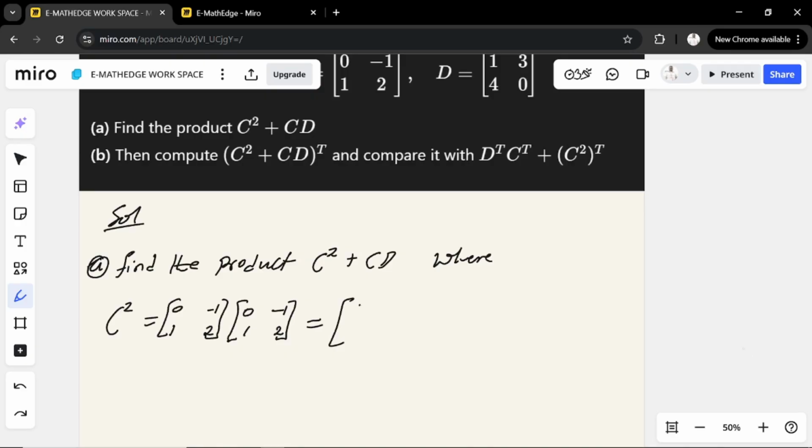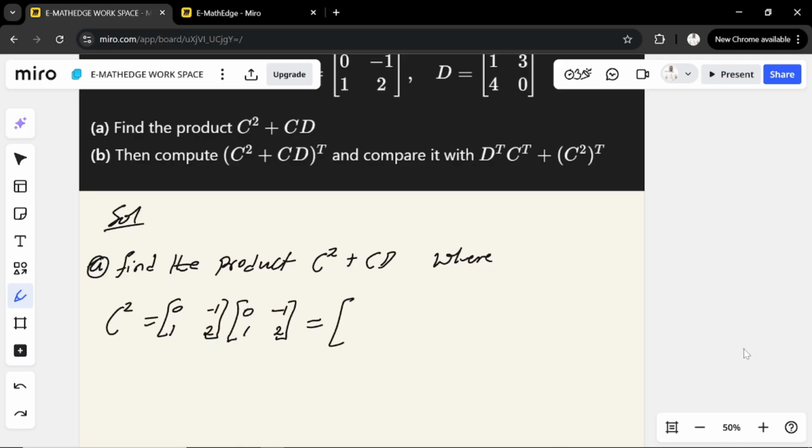To obtain the element in the first row, first column, we pick the elements in the first row of the first matrix, which is 0 and -1, and multiply by the elements in the first column of the second matrix, which contains the elements 0 and 1. So let's go ahead and do that quickly.